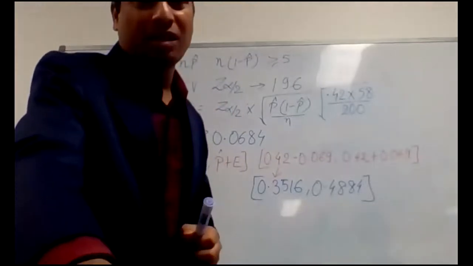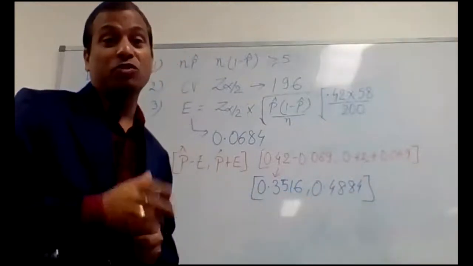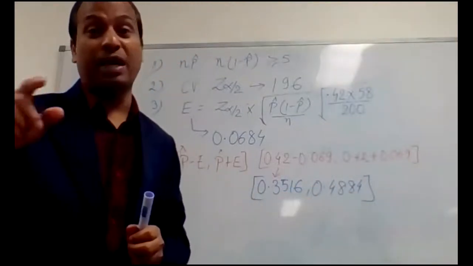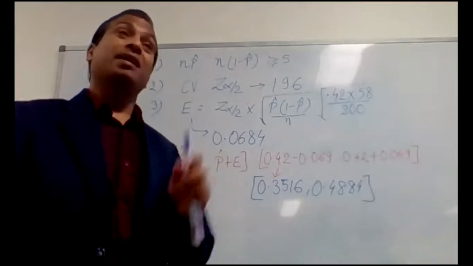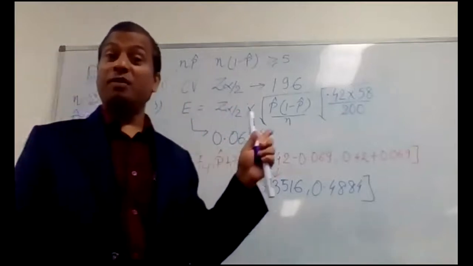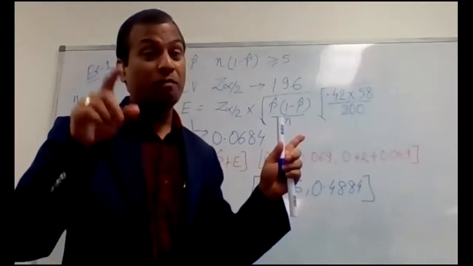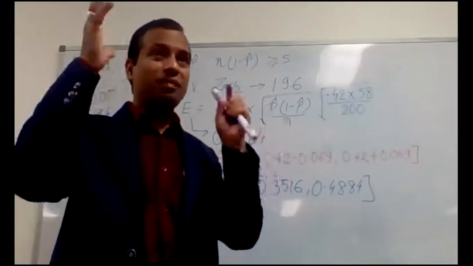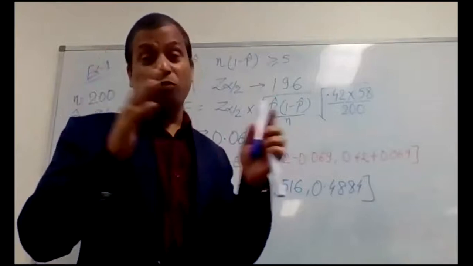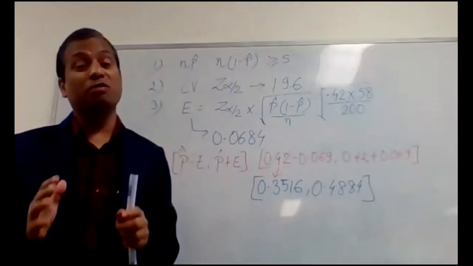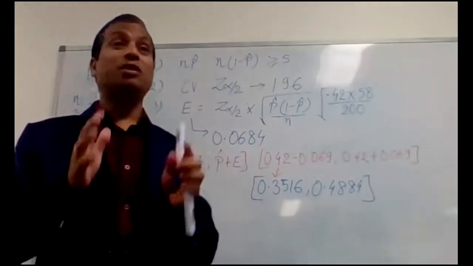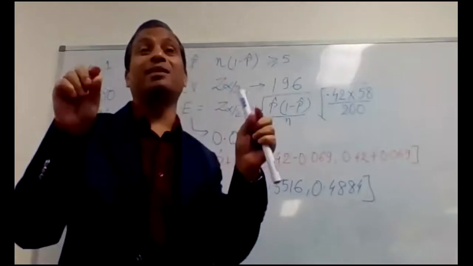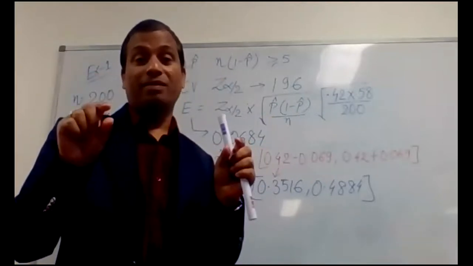Like in this case, we have a formula of Z alpha by 2 into square root of P hat into 1 minus P hat divided by N. But in the sampling distribution of the proportion, we have seen the formula Z into square root of P into 1 minus P divided by N. So all the formulas look similar, but which formula is appropriate, for that you need to read the line in the question itself.